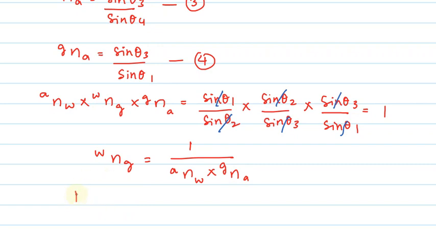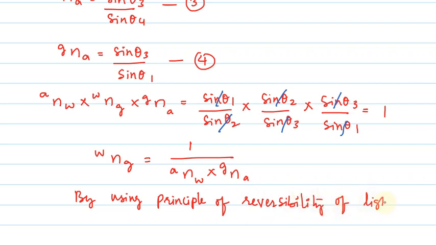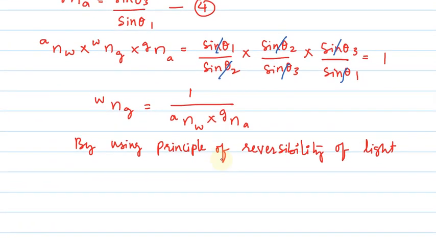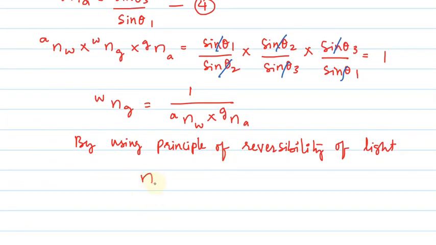By using the principle of reversibility of light, we can write refractive index of air with respect to glass equals 1 upon refractive index of glass with respect to air. Let me consider the above relation as 5.